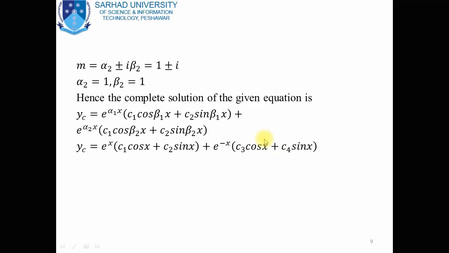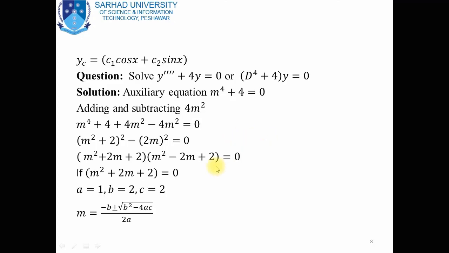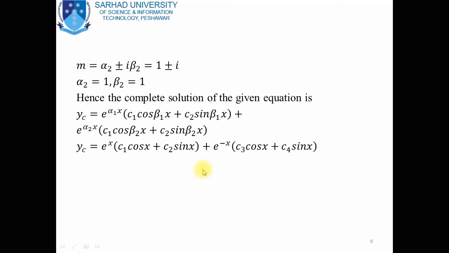So in this quadratic equation the roots are 1 plus minus iota 1, and in this second equation the roots are minus 1 plus minus iota 1. So in this case there are two complex roots but different.